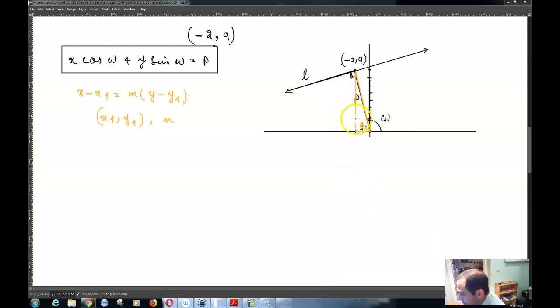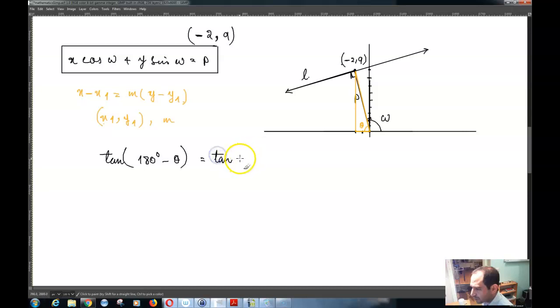Tan of 180 degrees minus theta, which is equal to tan of omega, which is equal to m, is equal to negative tan of theta, based on what we said, and is equal to negative 9 divided by 2.